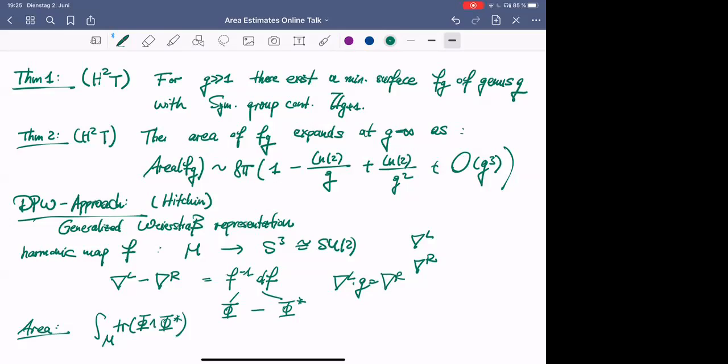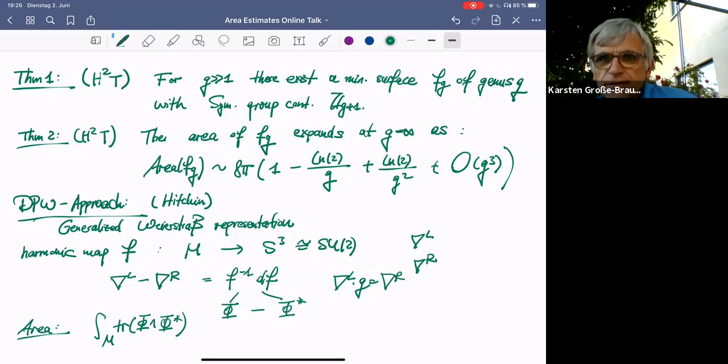This integral actually does not depend on the gauge class of your connections, because if you have a flat connection, the difference would be an exact form. If you integrated it, it would disappear. So these forms are really the quantities you're looking for if you want to compute the area.